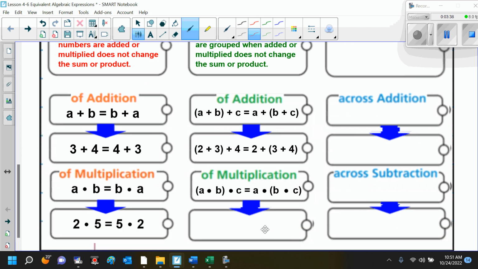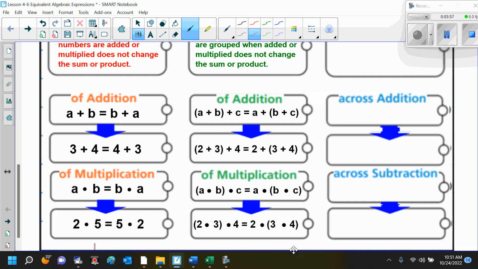If I put some numbers in there, you'll see the quantity 2 times 3, times 4, is equal to 2 times the quantity 3 times 4. So 2 times 3 is 6, 6 times 4 is 24. Or if I group the second two, 3 times 4 is 12, times 2, that gives us 24 again.